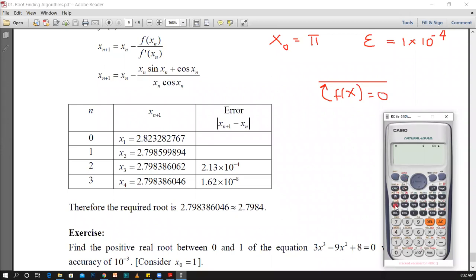Once you insert the function, I will let x_{n+1} as A, and this is equal to x_n, which I will take as X, minus, then the function is x sin x plus cosine x, and this has to be divided by x cosine x.